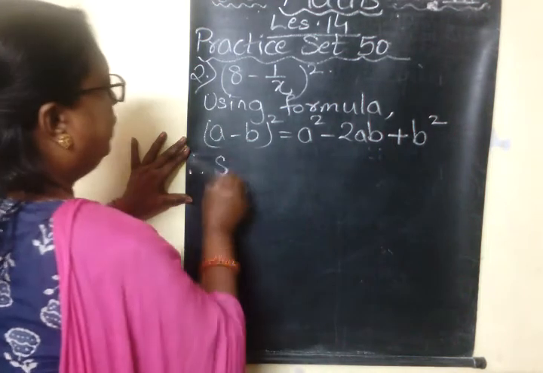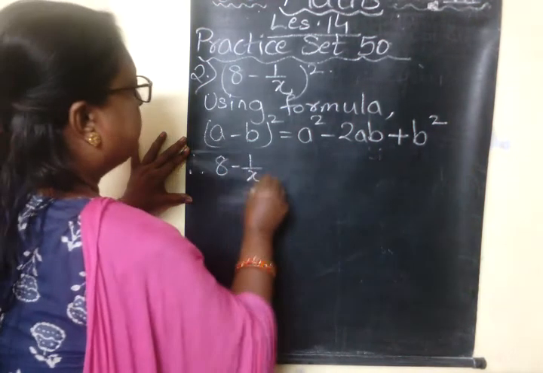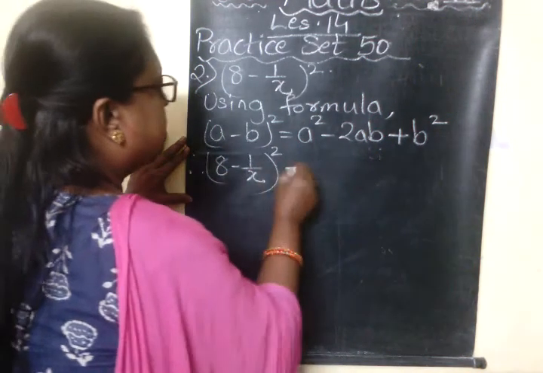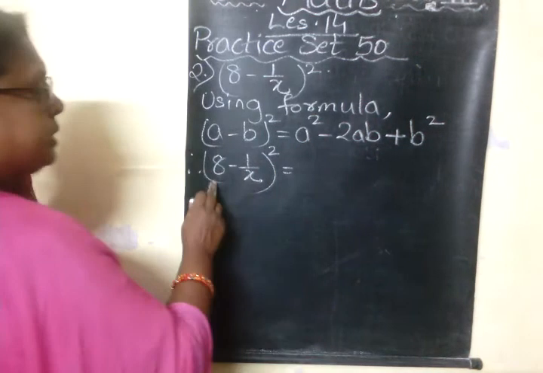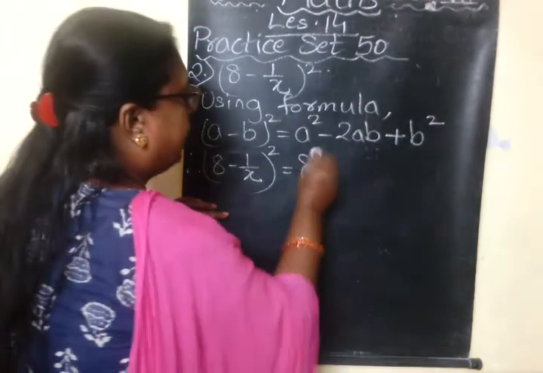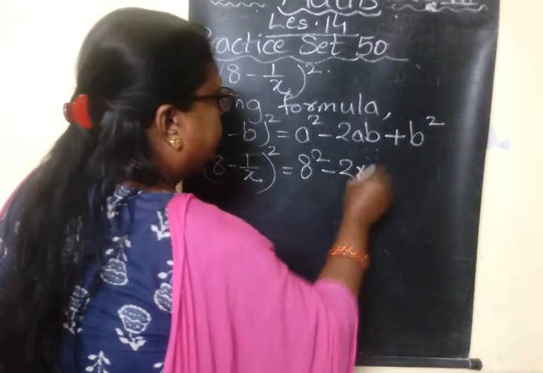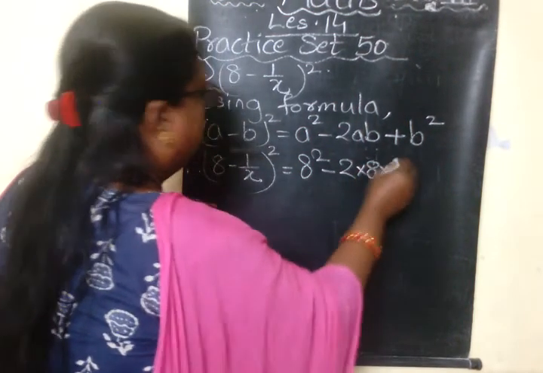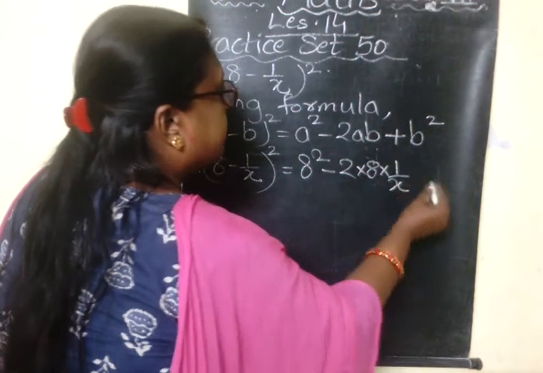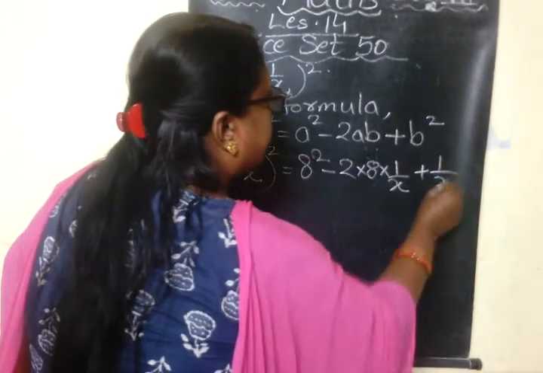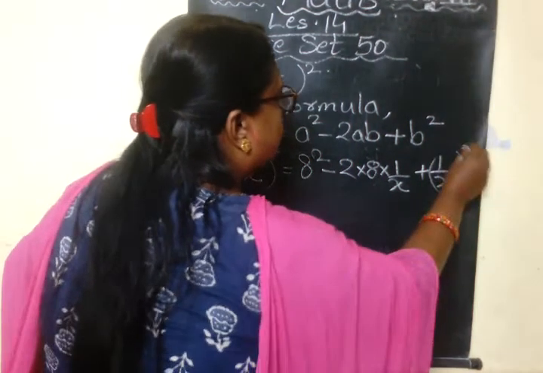Therefore 8 minus 1 upon x the whole square is equal to, now your a is 8, so 8 square minus 2 into 8 into 1 upon x plus 1 upon x the whole square.